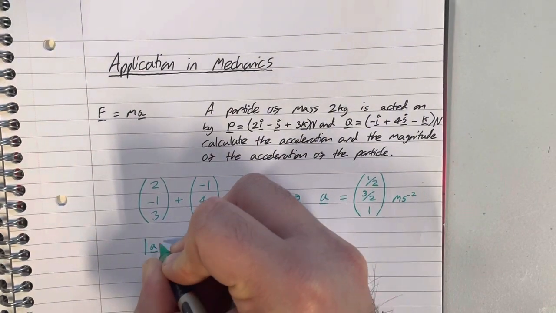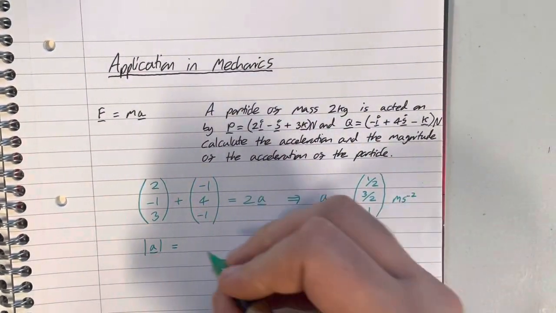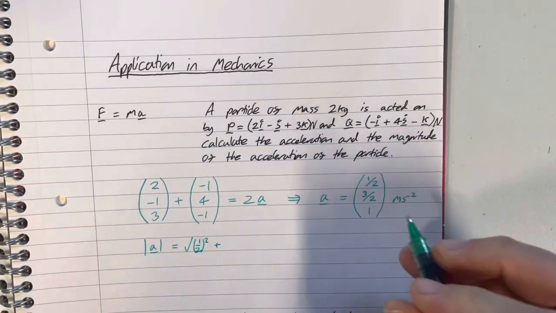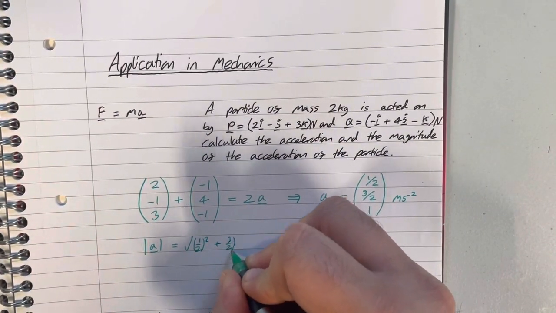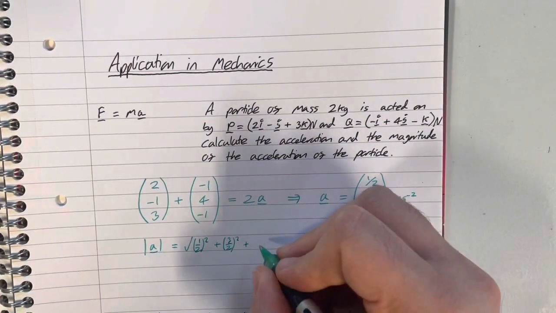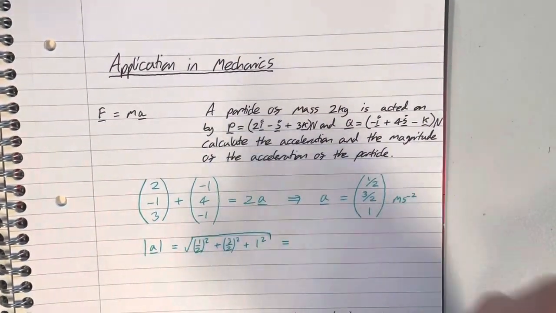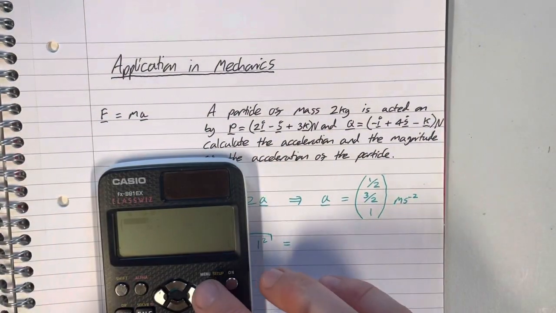We're going to use Pythagoras. So the magnitude of this acceleration is going to be the square root of a half squared plus 3 halves squared plus 1 squared. Okay, and we'll just leave this as an exact number.